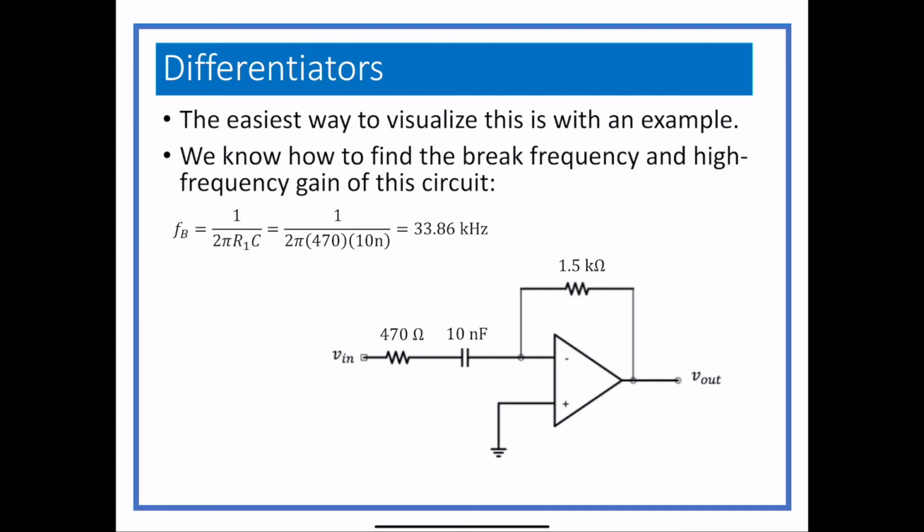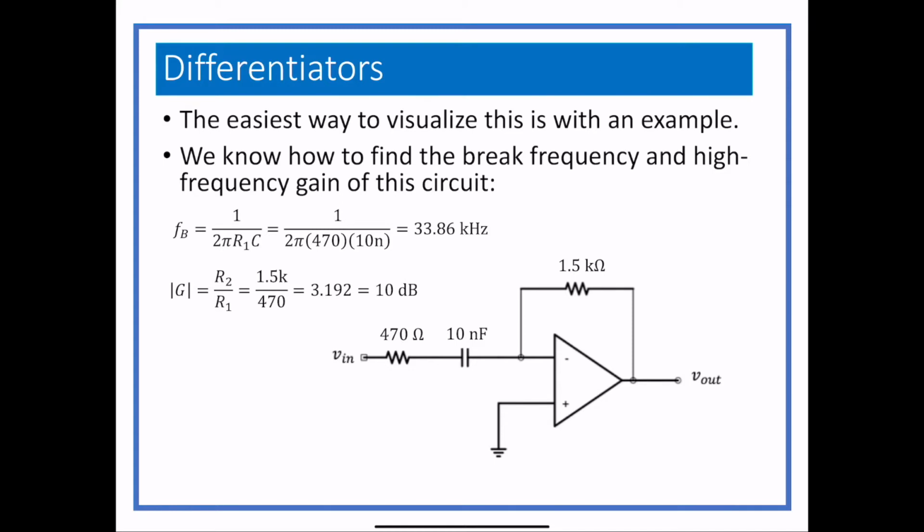Remember, it's always the physical connection of the resistor with the capacitor that determines break frequencies in these circuits. So because R1 is connected to the capacitor, that's the one we use to determine the break frequency. And the gain as the frequency goes up high is R2 over R1.